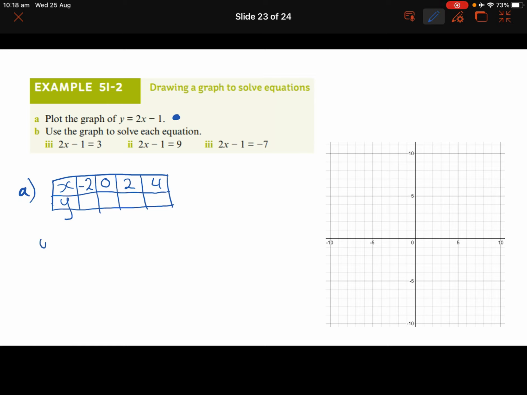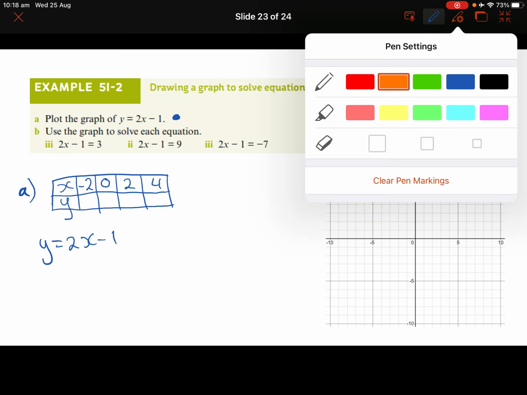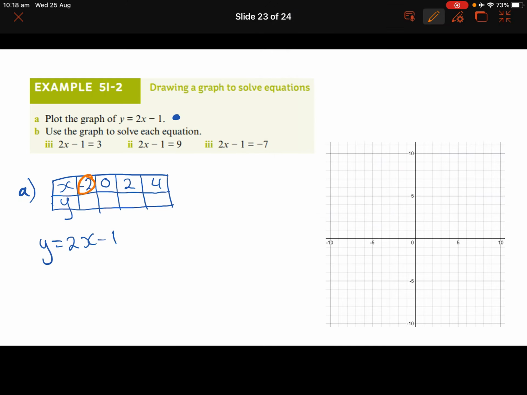Okay, so when we've got y equals 2x minus 1, we're trying to find values for y. So for our first one, when x is -2, what does y equal? Well, y will equal 2 times -2 is -4, minus 1, which is -5.